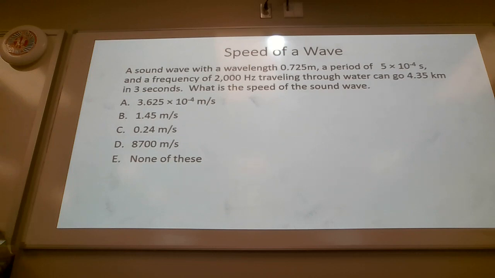You probably need a calculator on this one. You go from numbers like 5 and 2, like 5 times 10 to the negative 4. Right, and I tell you, you need a calculator.